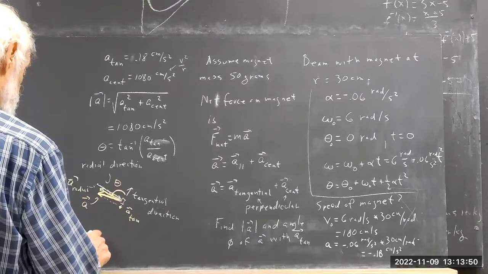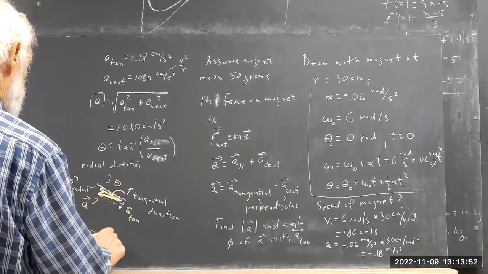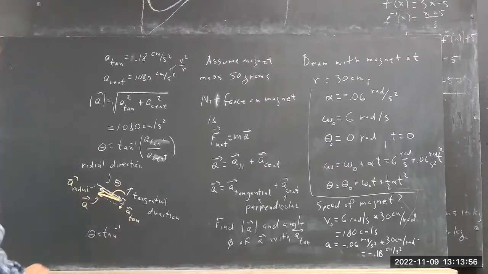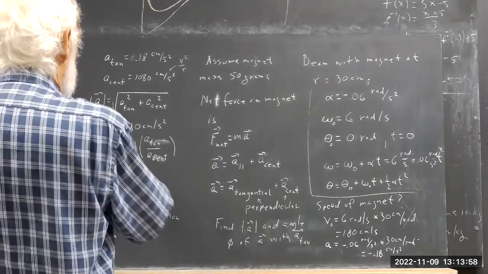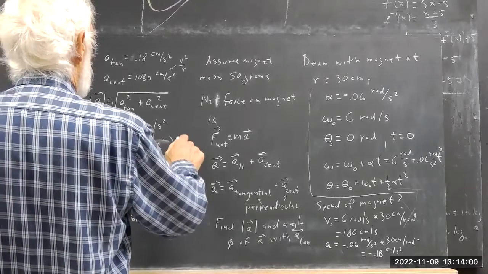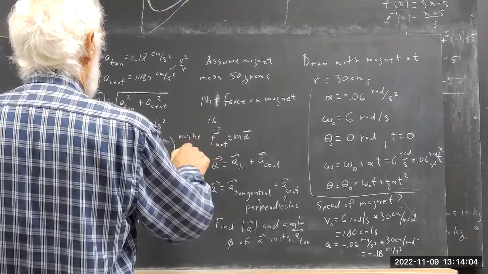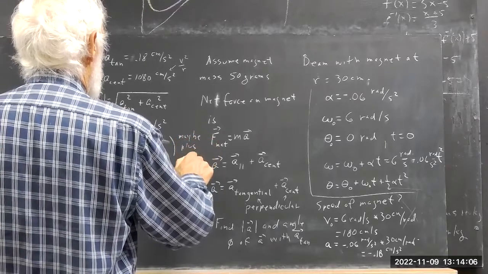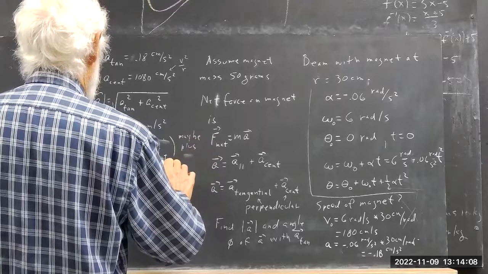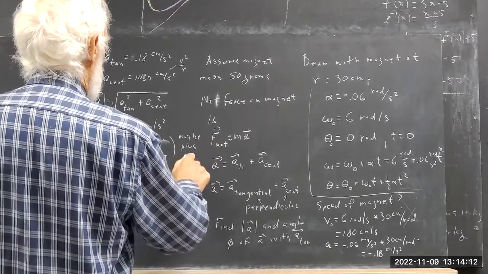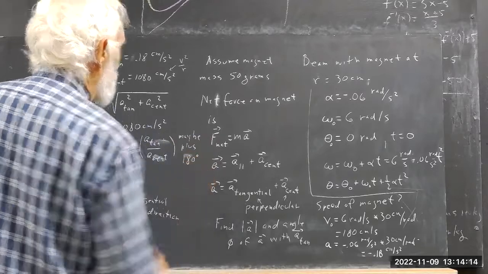Okay. So I'm going to say theta is the arctangent of this. I said plus 90 degrees, it's actually plus 180 degrees.